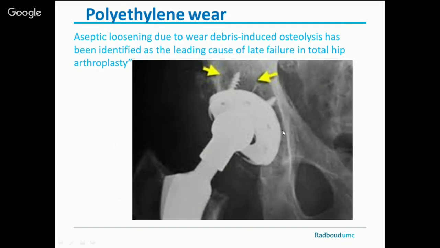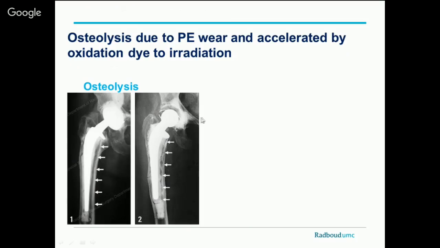And of course, when this goes on, it could loosen, or when the patient has a fall, it can break out the cup. So osteolysis is really not good. Osteolysis can also happen more distally.